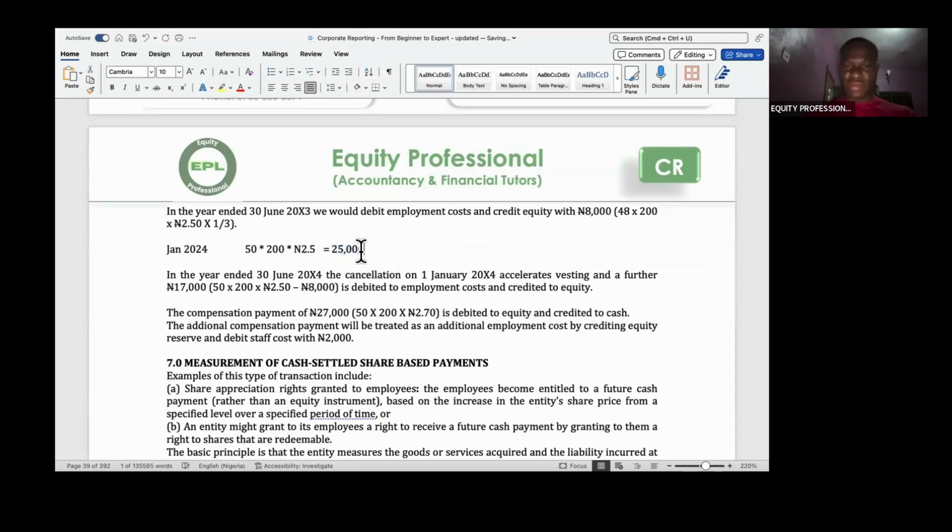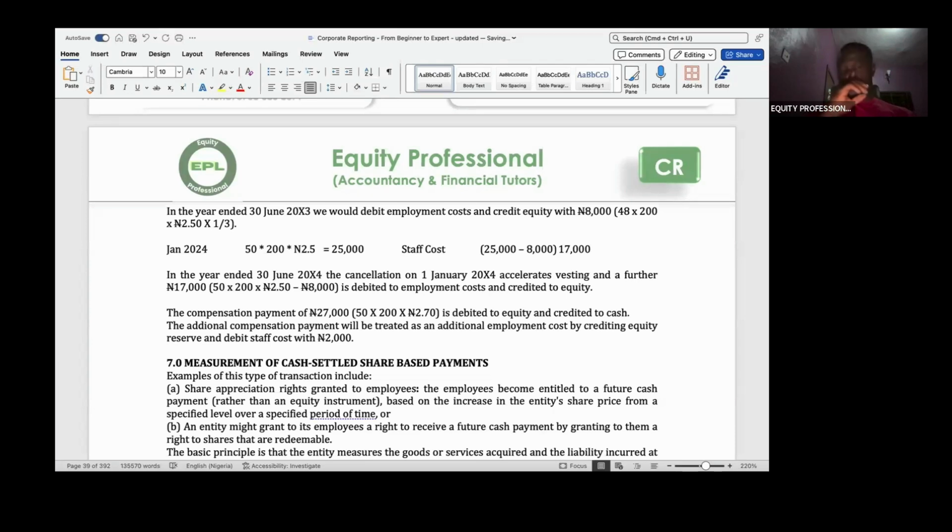Don't forget, this 25,000 is what will show in our reserve, the cumulative value today. But what shows in P&L as staff costs immediately will be the difference between the cumulative 25,000 minus what we recognized in year one in reserve, which is 8,000. So what we recognize in P&L this year will be 17,000.